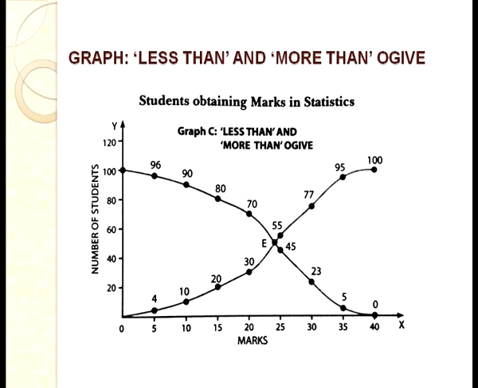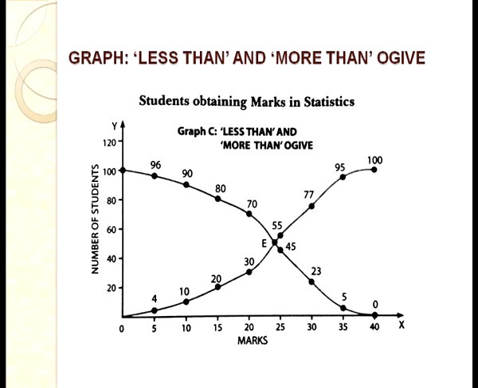On the other hand, when we talk about the more than frequency curve, we started from 100, because for more than 0 we got 100. So, 100, 96, 90, 80, 70, 45, 23, 5 and 0, with respect to marks 0, 5, 10, 15, 20, 25, 30, 35 and 40.